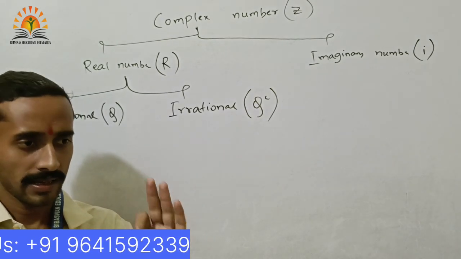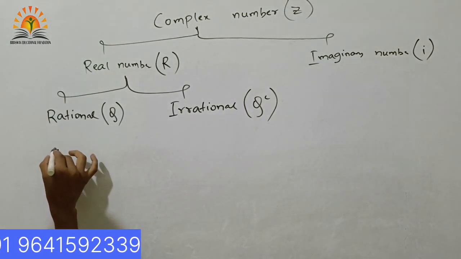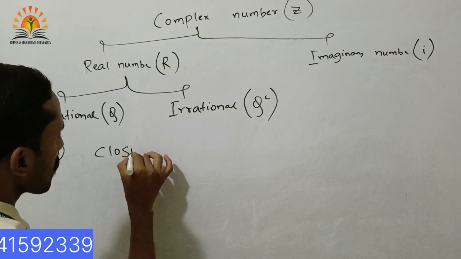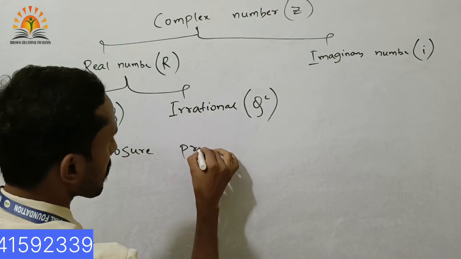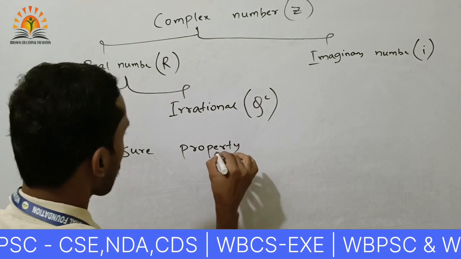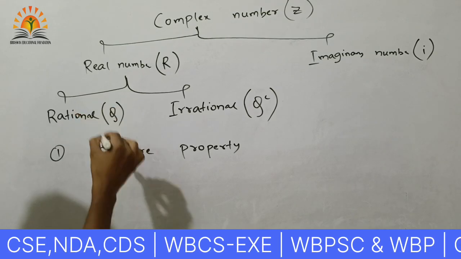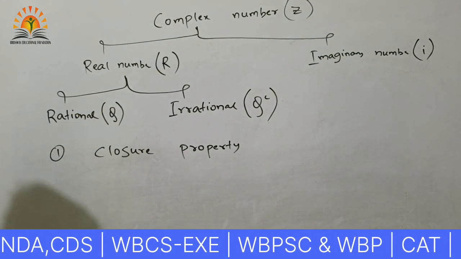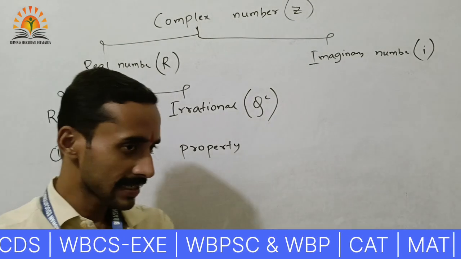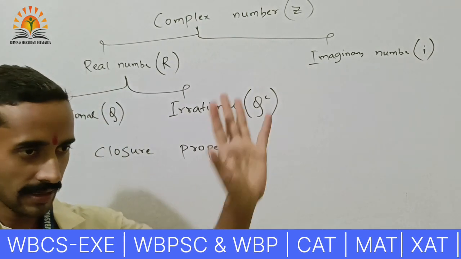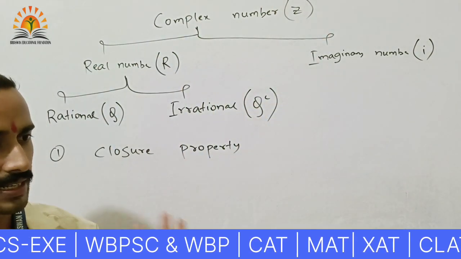Closure property, the first property, is closure property. So we start writing properties with rational number. What is the meaning of closure property? You know the set. We have already defined what a set is.